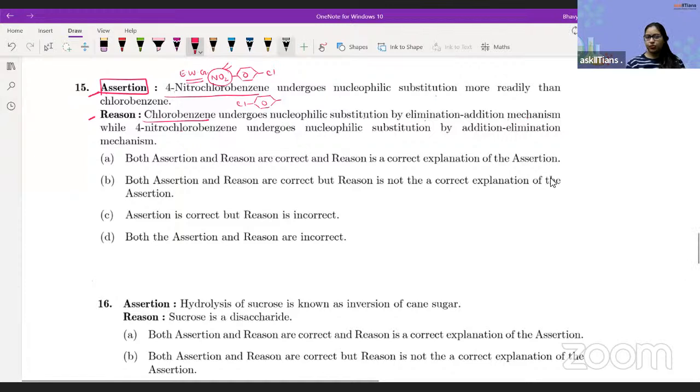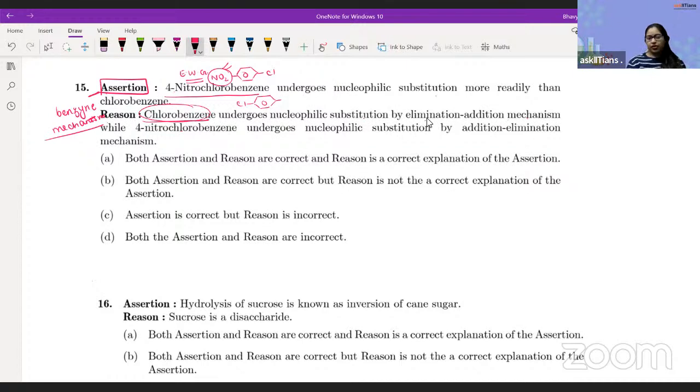Yeah. Because they both have the way that they react. Now, in this first case, we have something called the benzyne mechanism. So there is a benzyne mechanism which is observed.